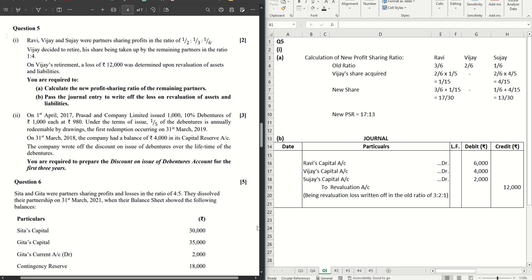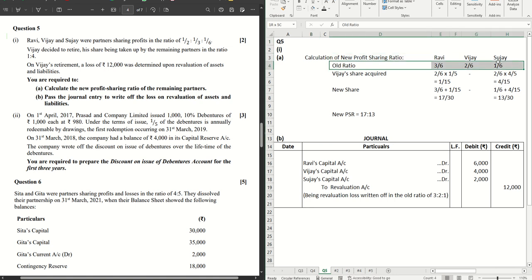Generally, there is no information mentioned about the gain, so only Vijay's share goes away and the existing partners continue in their existing ratio. Like in this case, it would have been 3 is to 1 if this information was not given. Now, since this information is given, you have to be careful in calculating the gain. All right, so let's jump into the first calculation.